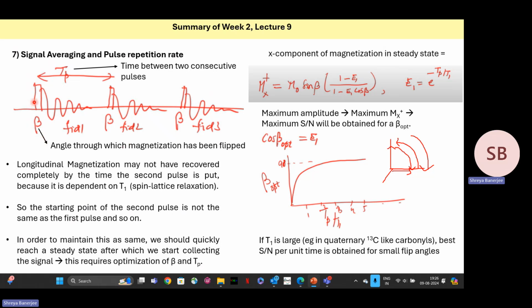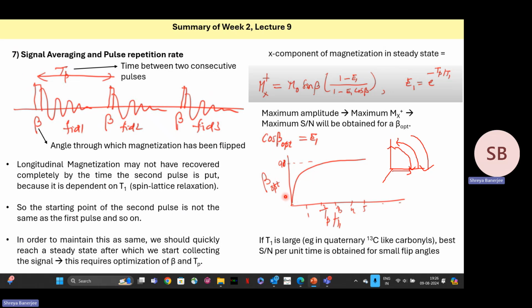Generally we take 90 degrees, which is where from Z it is coming to Y. We need to properly optimize both the time between the pulses and the flip angle so that we allow the system to come down to equilibrium before we apply the second pulse.